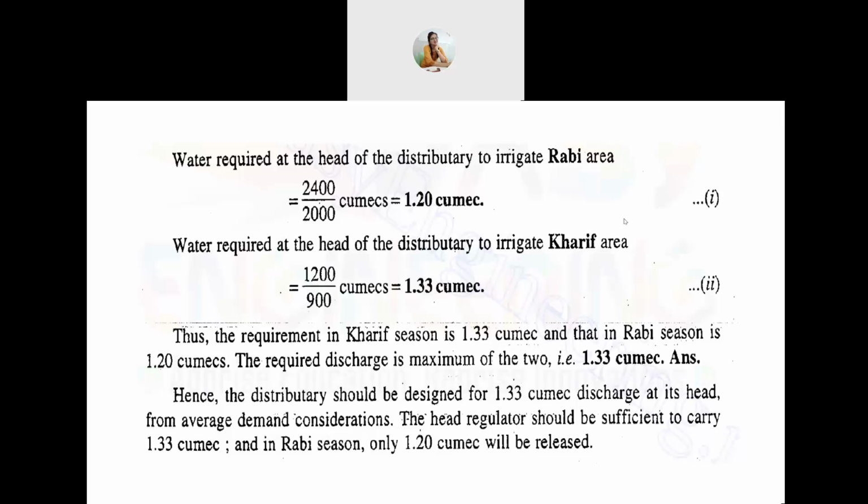The required discharge is the maximum of the two, so the answer will be 1.33 cubics. Hence, the distributor should be designed for 1.33 cubic discharge at its head from average demand considerations. So the head regulator should be sufficient to carry 1.33 cubics and in Rabi season only 1.20 cubic will be released.